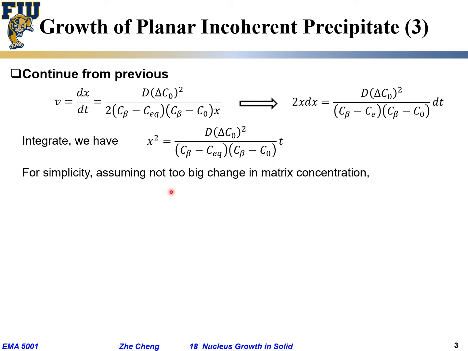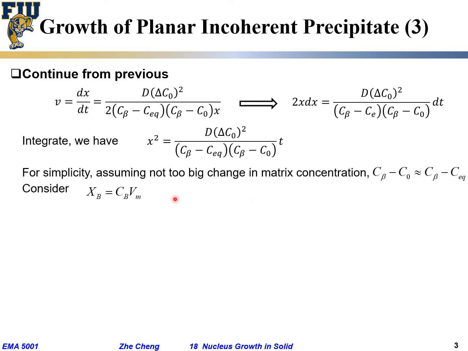And assume for simplicity there's not too big a change in the matrix concentration from the initial concentration to the equilibrium concentration, which means the difference C beta minus C0 can be approximated as C beta, the equilibrium concentration.